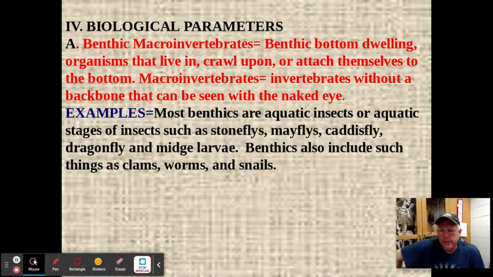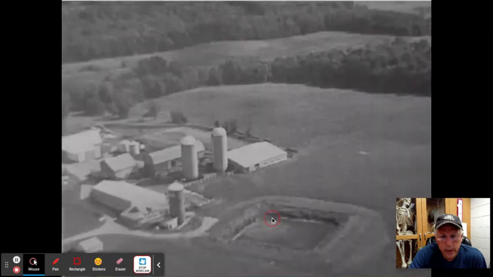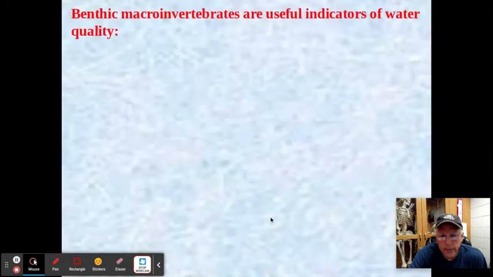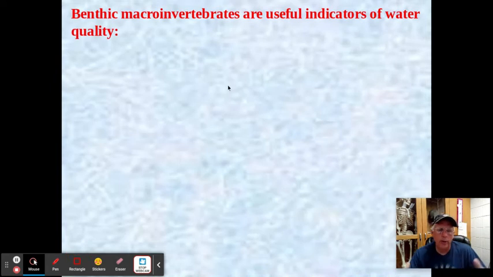Some of these things can only live in clean water, and some of them you can dump in your septic tank and they would thrive. So we came up with a classification group. Someone way smarter than me figured out that these benthics are great water indicators. We call this a PTI, pollution tolerance index. The WQI is the chemistry test we talked about in earlier notes.